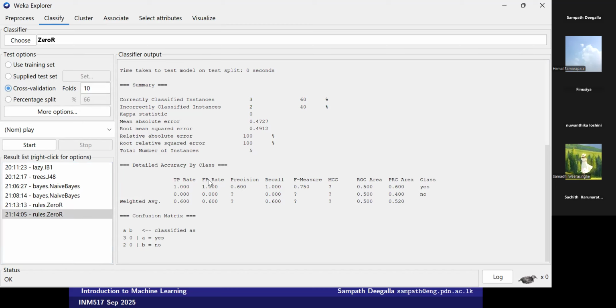Third point, this is what we have done already. We call it cross-validation. So under cross-validation, what happens? It divides the data into 10 parts.